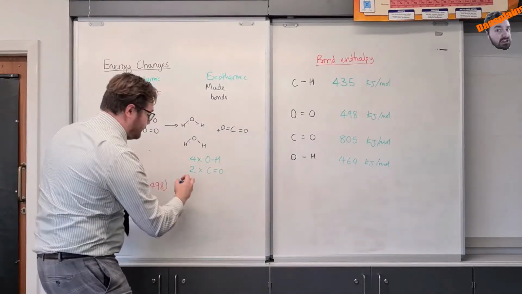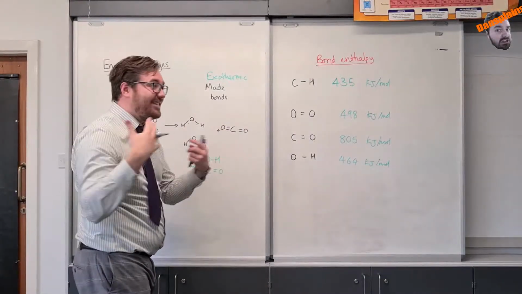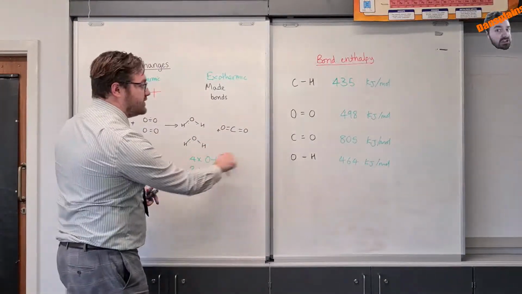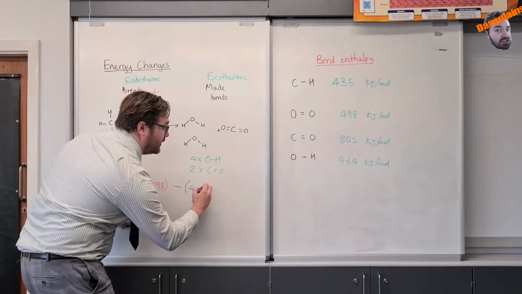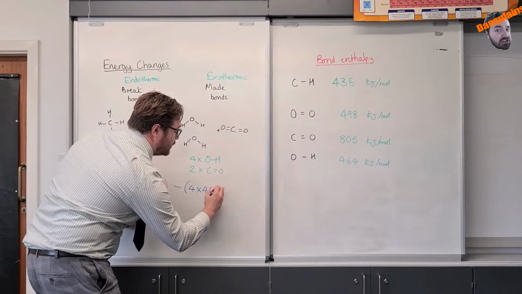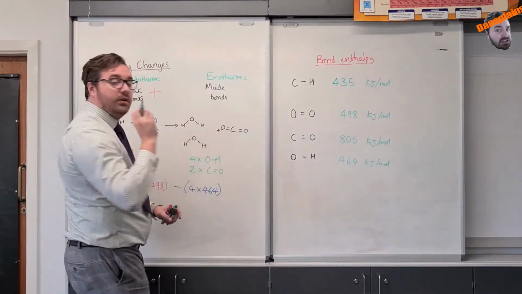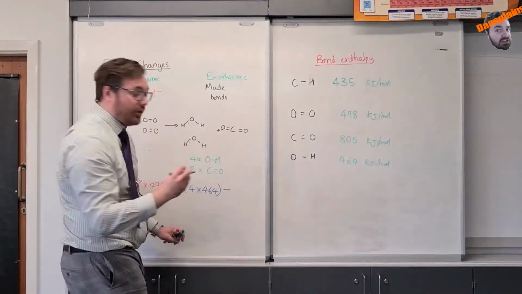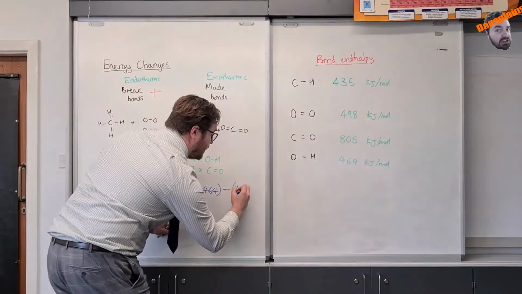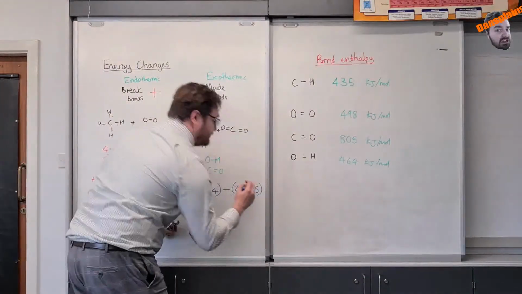These two, I'm making a bond, so energy is released. I have 4 O to H bonds, so I have minus 4 times 464. I'm also making 2 C double bond O bonds, so I have minus 2 times 805.